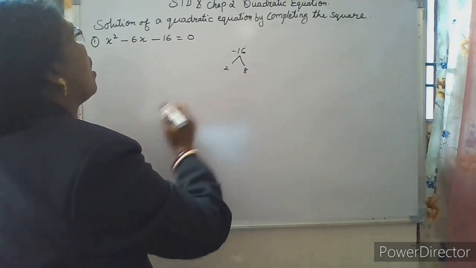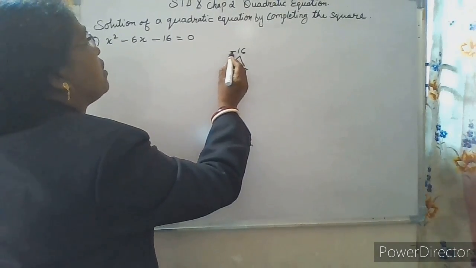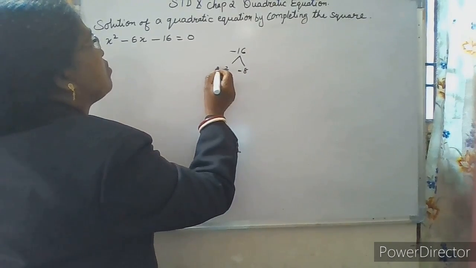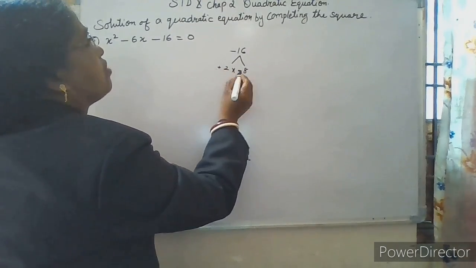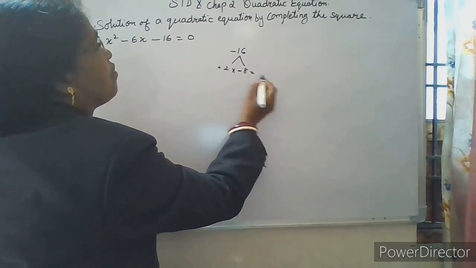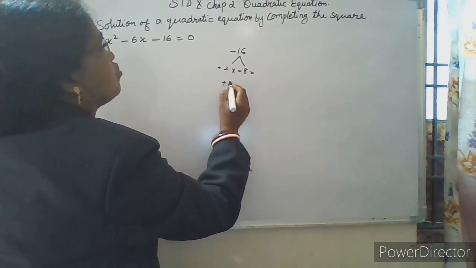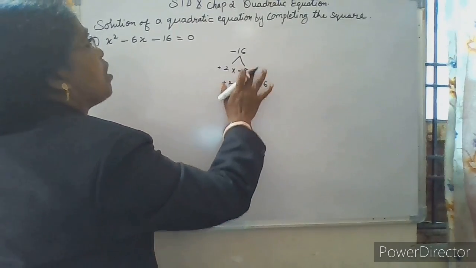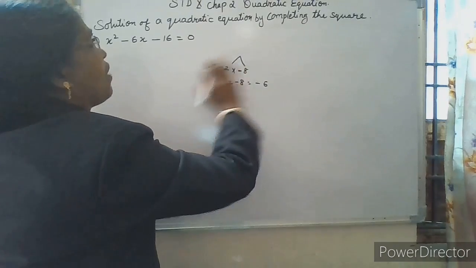In this way we have factors, but it is minus, so we put minus 8 and plus 2. Then minus 2 times 8 is 16, and if we add we get minus 6. But this is the factorization method.